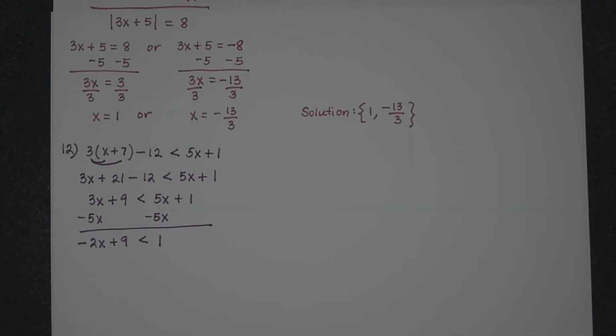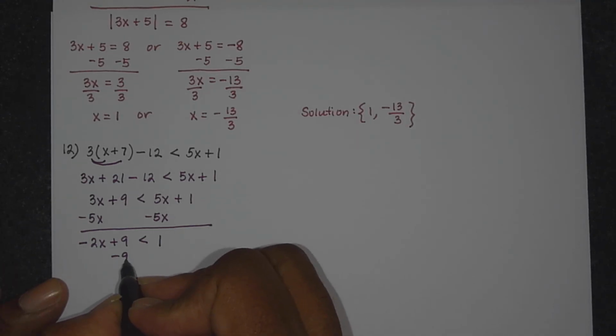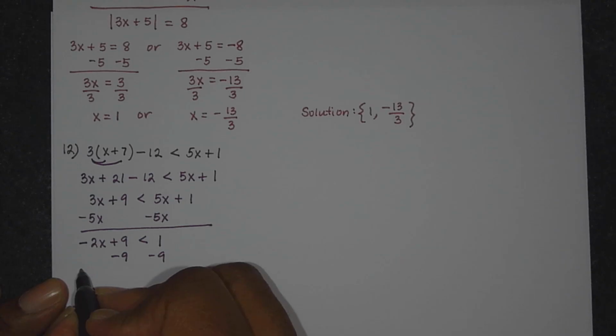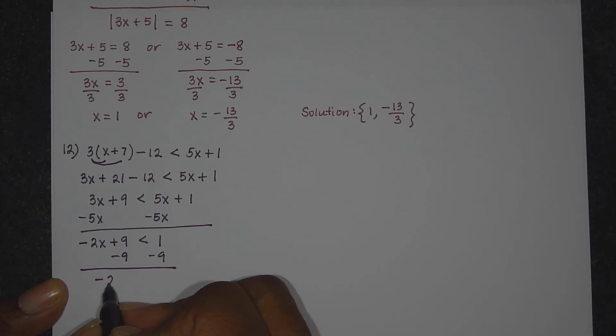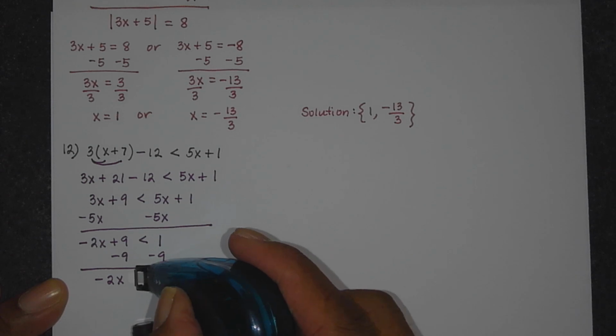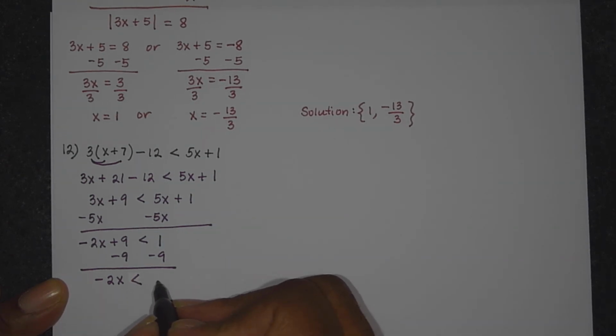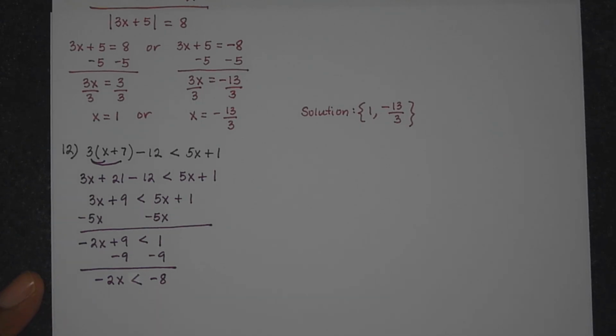And to get negative 2x by itself, I need to subtract 9. So negative 2x is less than, what's 1 minus 9? Negative 8. So again, negative 2x is less than negative 8.